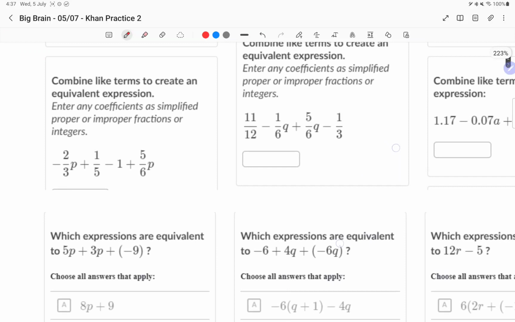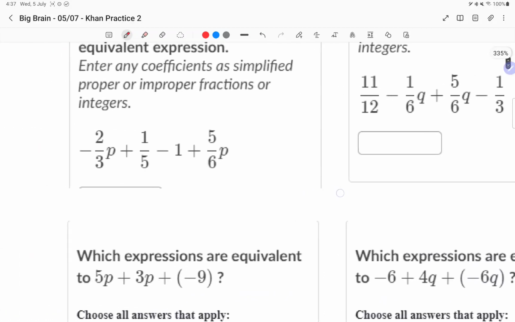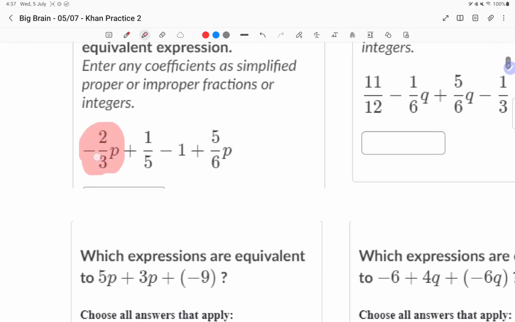Now, some of the questions you guys will have to deal with fractions. How do we add or subtract fractions? Solina, how do we add or subtract fractions? You have to have the same denominator. Very good, have the same denominator. Alvina, how do we make these two the same denominator?